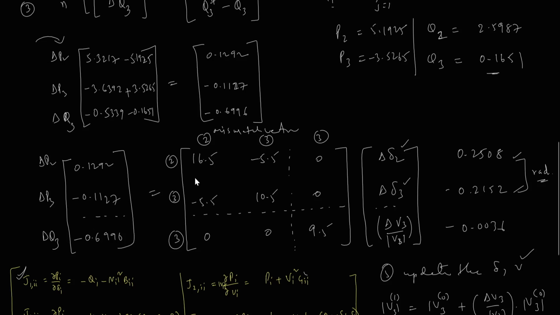Okay, right. Now similarly again we have to evaluate all these entries. Now if you notice, after the first iteration itself our mismatch vector is approaching 0. Earlier it was 5.3 and 5 point something.